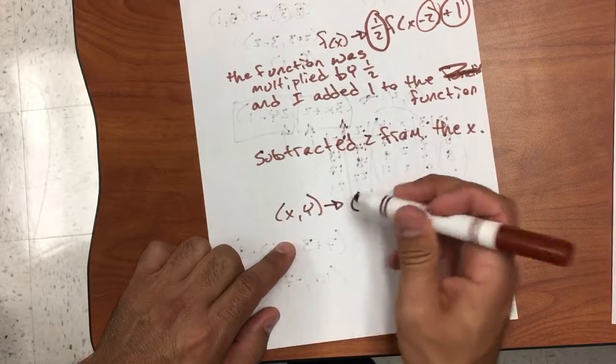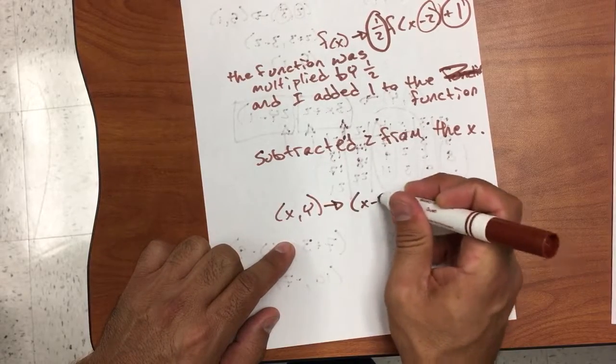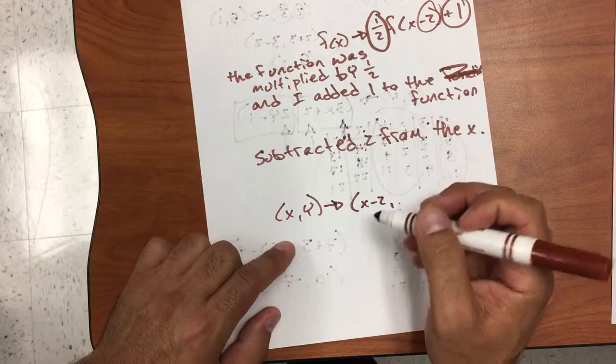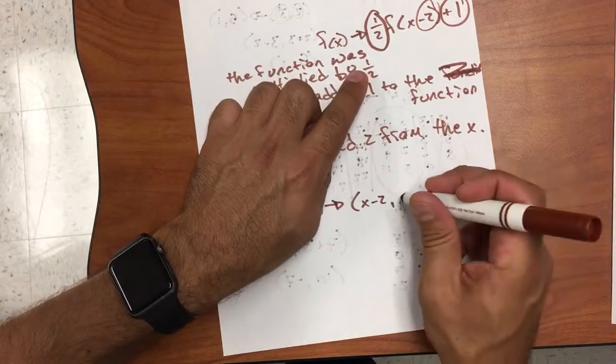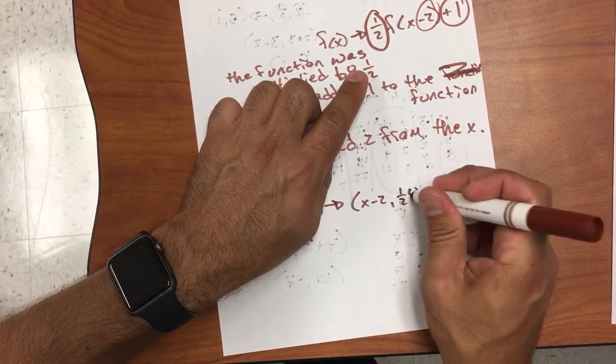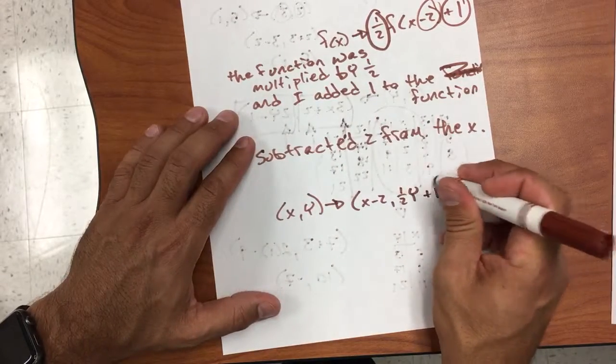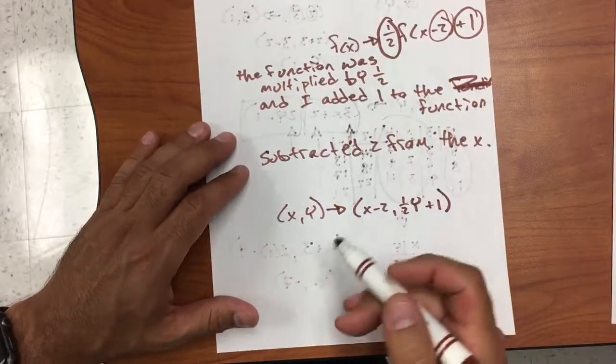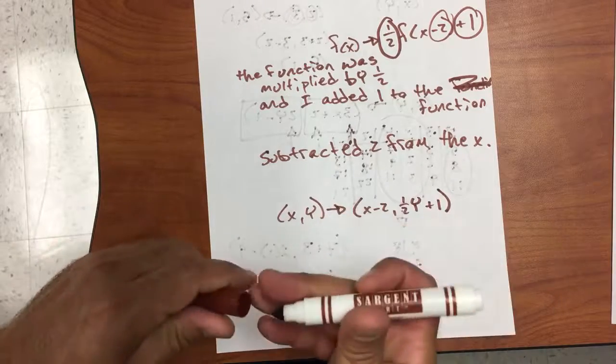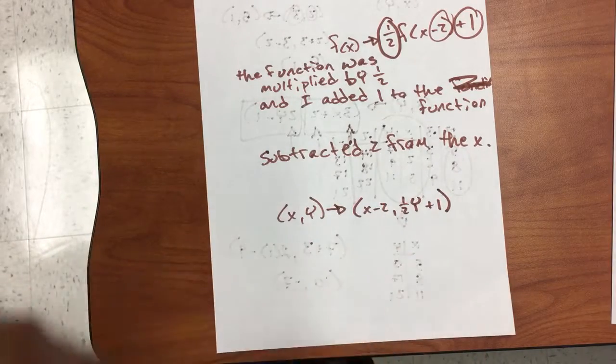What happened to the x? I subtracted 2 from it. What happened to the y? Well, it was multiplied by 1/2, so 1/2 times y. And I added 1, so then I'm going to say plus 1. So that's how I can write it in point notation from the function rule.